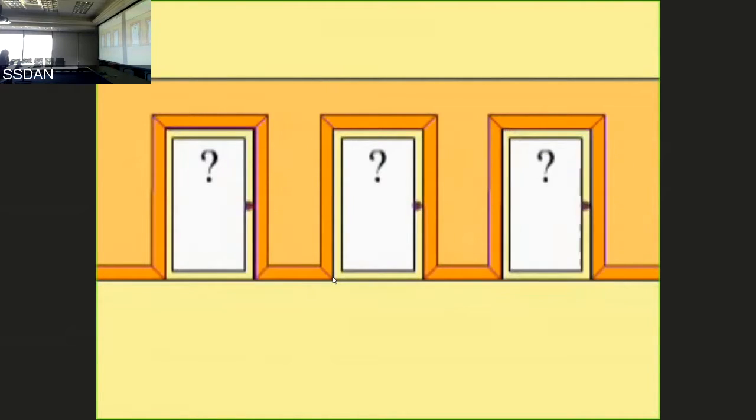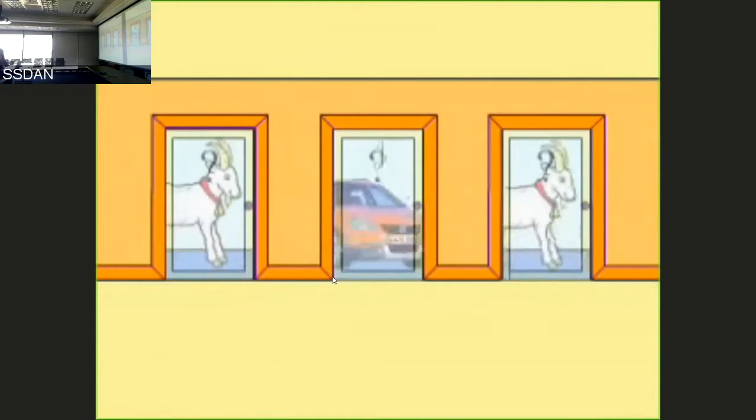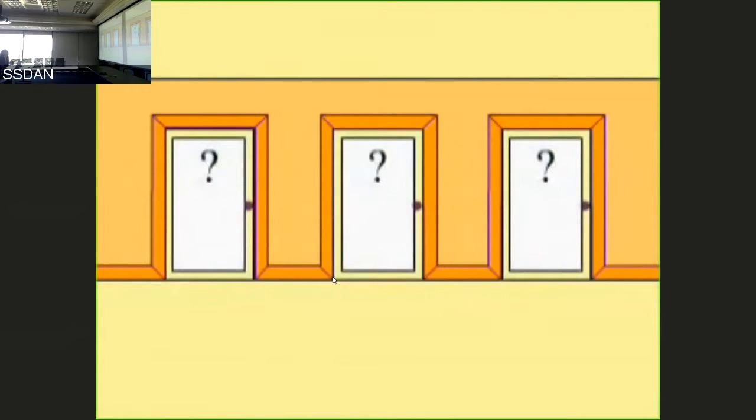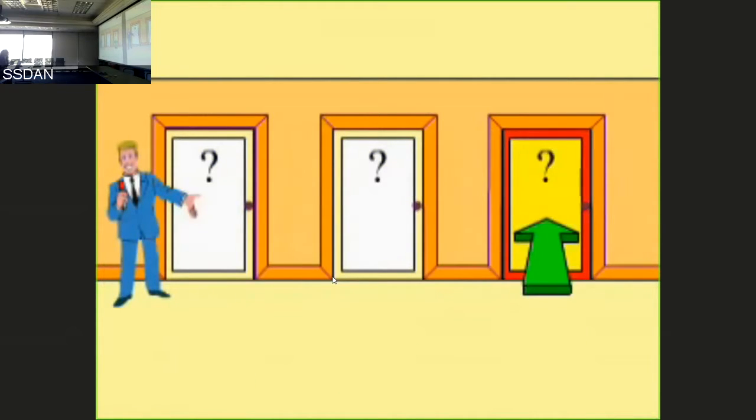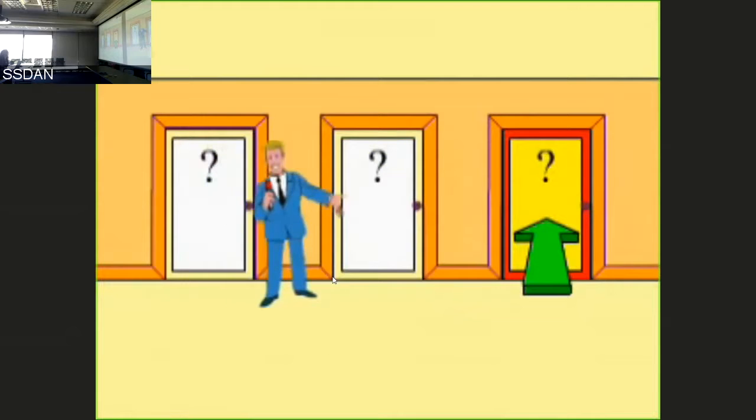You have no way of knowing which door conceals which item. Whichever door you pick, you will receive the item behind it. But before it is opened, the host opens one of the other two doors.